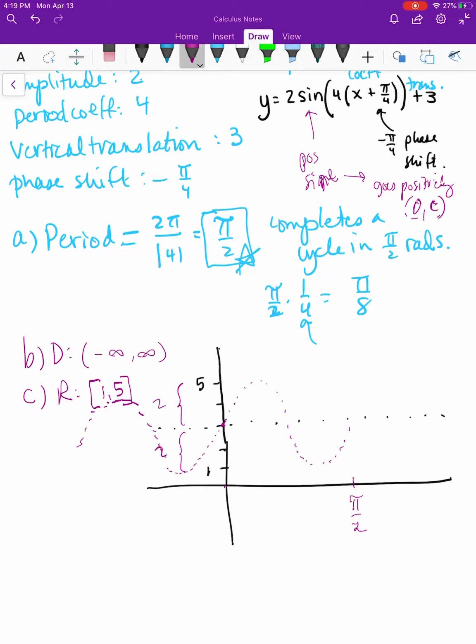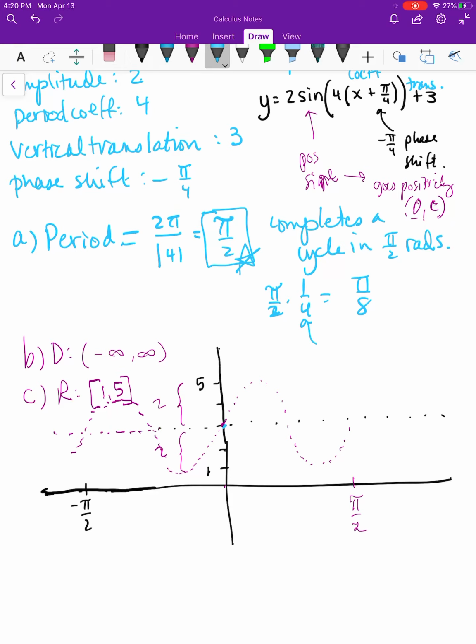And you could continue on in the negative direction and do the same thing for another cycle. That would give you negative pi over 2 here. But we don't have that. That's why it's in dashes.